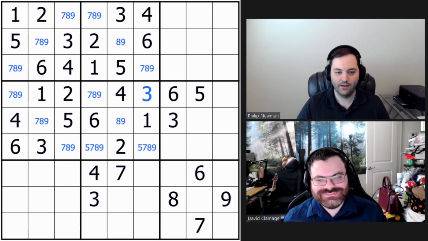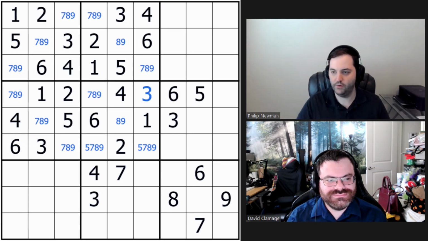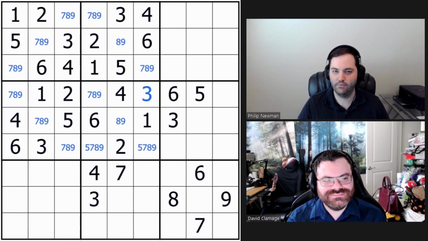Anyway, so yeah, for the higher clue counts, 11.2 was the hardest known for a long time, and I finally started finding some that were 11.3, 11.4. I've climbed all the way up to I have a 30 clue count.